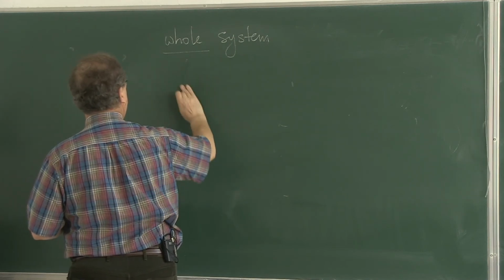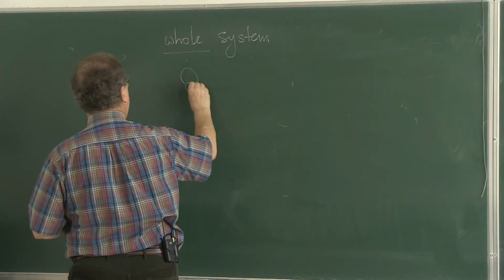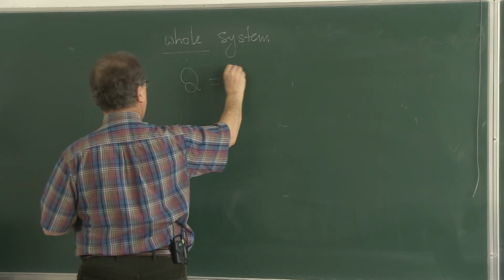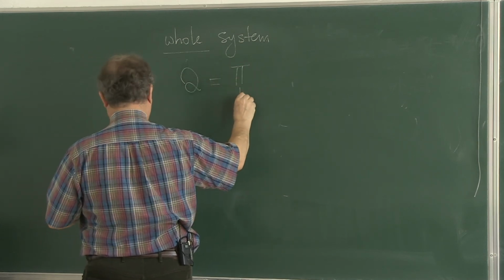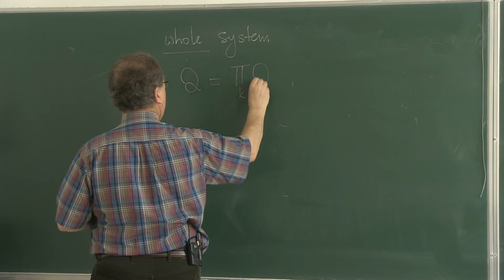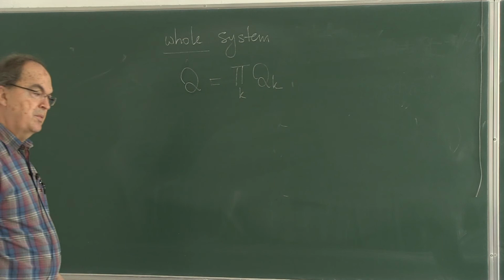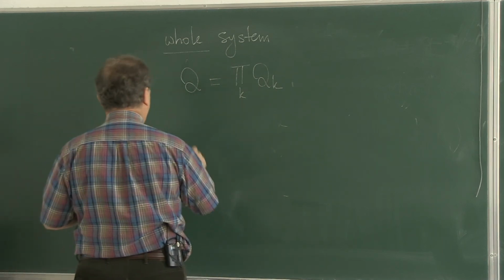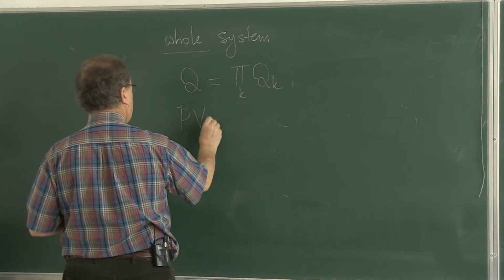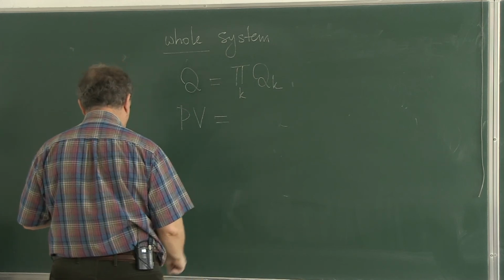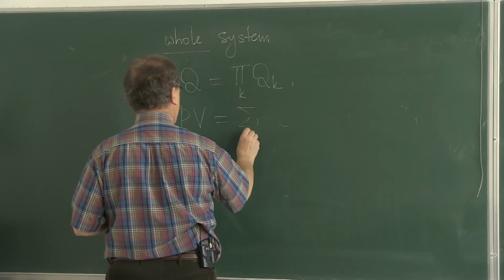If you want to write the grand canonical partition function for the whole system, we have to multiply these individual grand canonical partition functions. And if you want to get the grand potential for the system, we have to sum them.